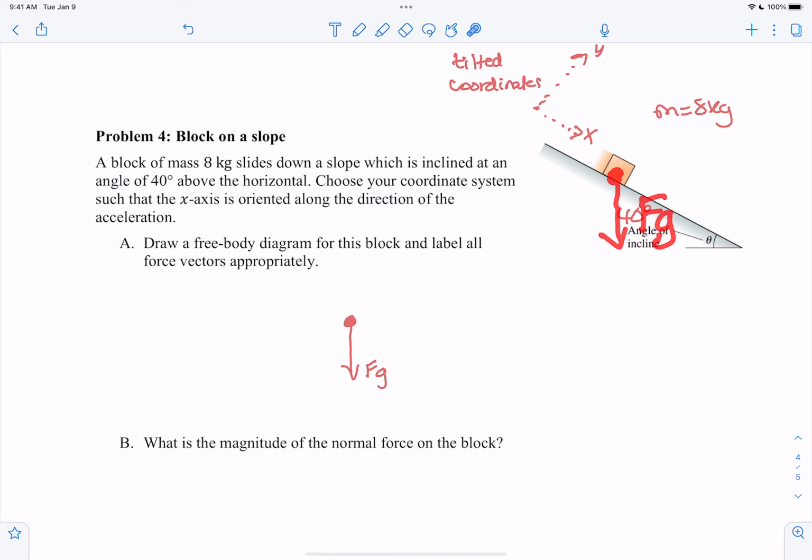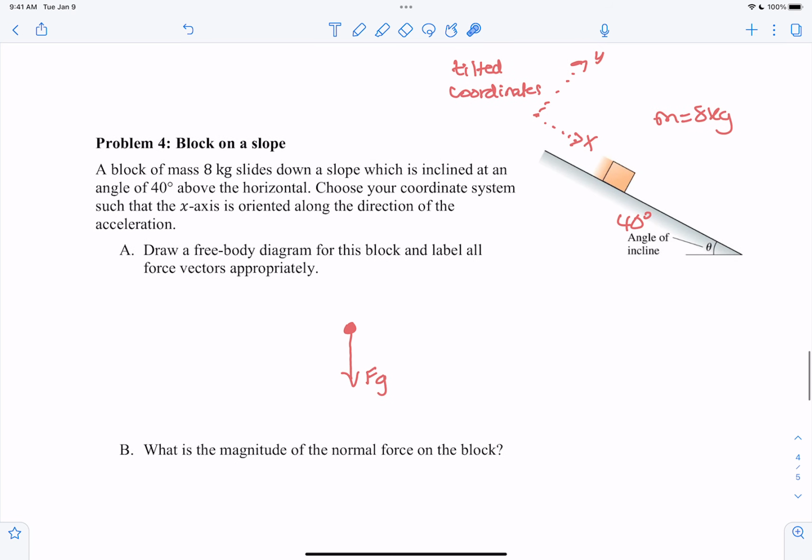Excellent. Go ahead, sorry, I cut you off. Like this? Yep, exactly. So if we were to describe it based on these tilted coordinates, you're absolutely right. It would be perpendicular to the surface of contact, so it'd make a right angle with the surface, which is this incline here.